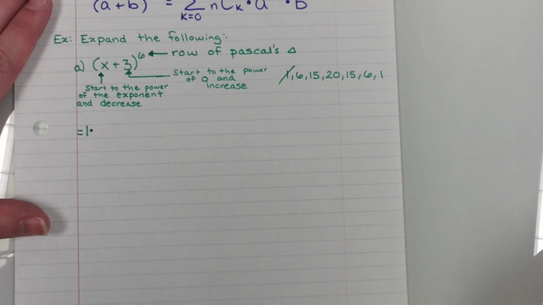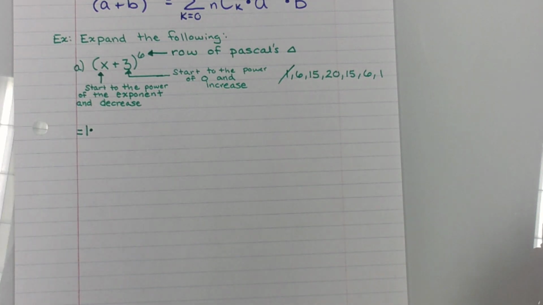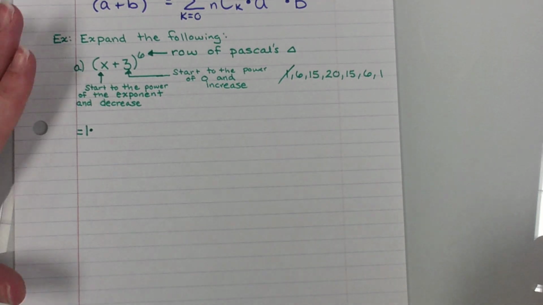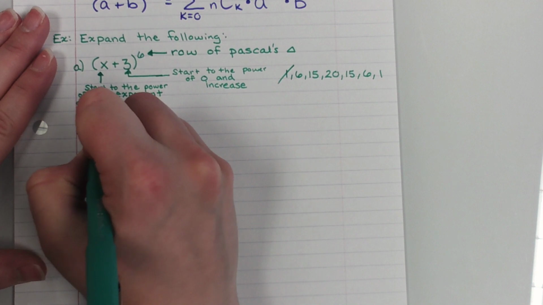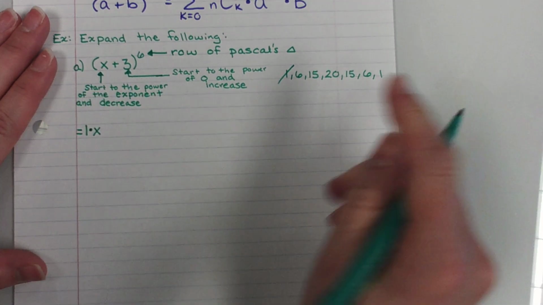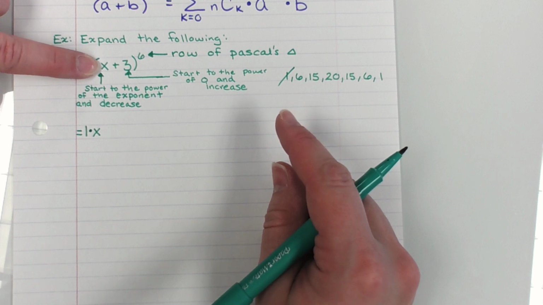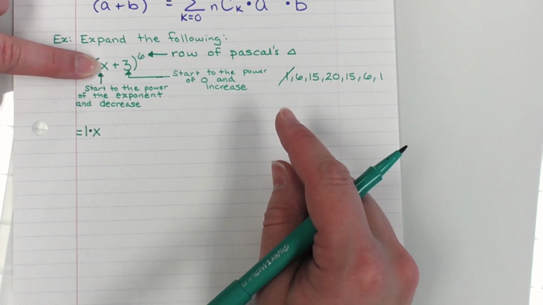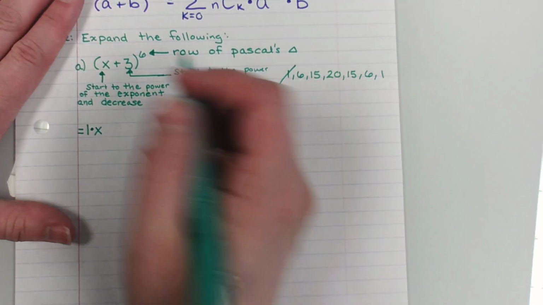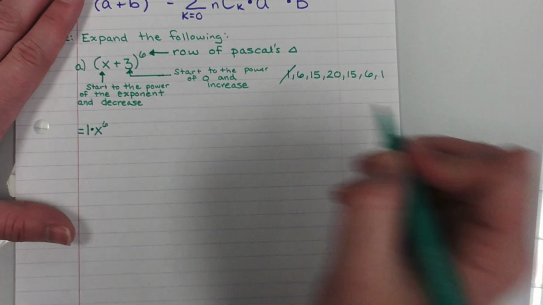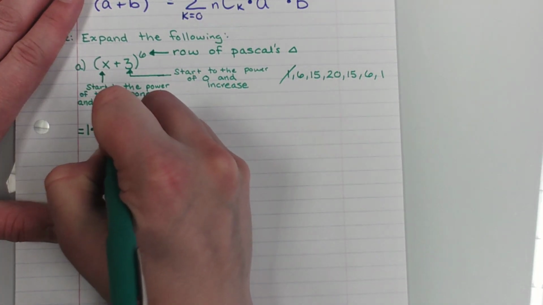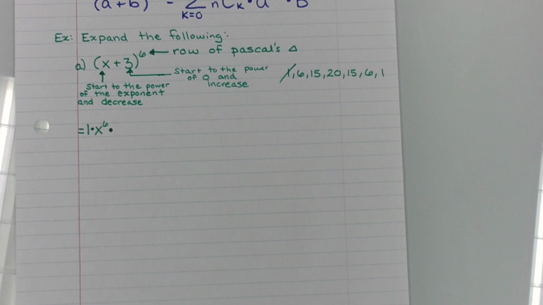A single term is going to have all 3 of these pieces getting multiplied together. So 1 times x, because that's the first term here, and it's going to start to the power of the original exponent. The original exponent was 6, so it's x to the 6th power. I'm still multiplying because I'm still working through those 3 things: Pascal's number, first term, second term.